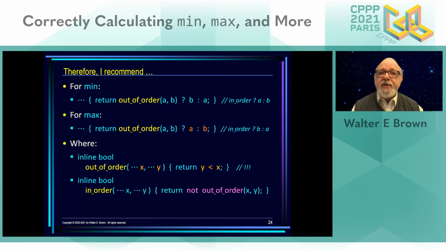And in my experience, the out of order predicate tends to be more useful when there's work to be done. The in order predicate turns out to be more useful when we're trying to avoid doing work. In my experience, out of order is the more useful of the two.